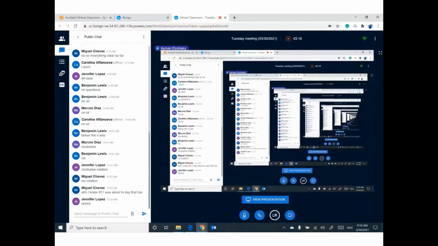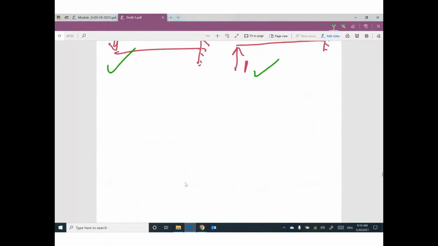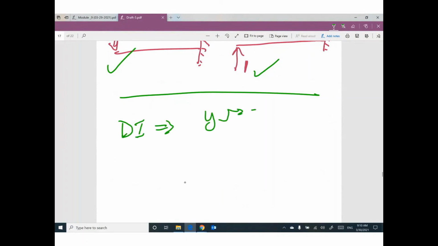We have a different technique for signs, not like double integration. Just to remind you, for double integration that I covered last week, I told you if y is positive, it will move up. If y is negative, it will move down. For theta, if the value is positive, I think it's clockwise, probably.